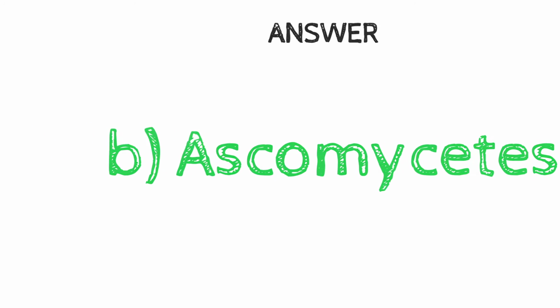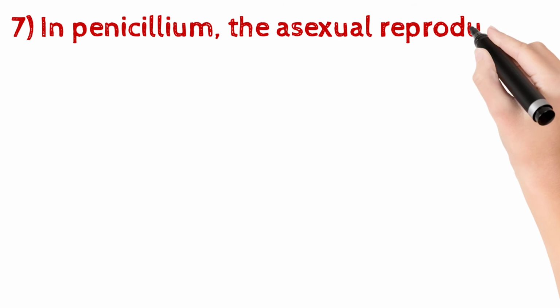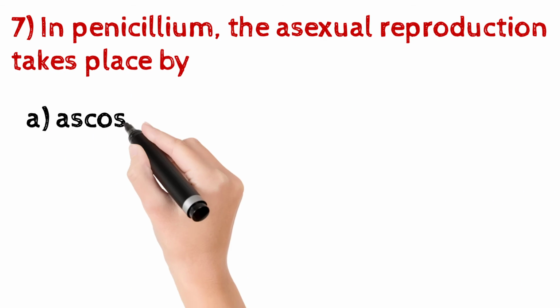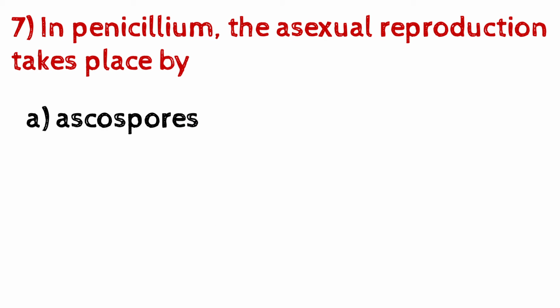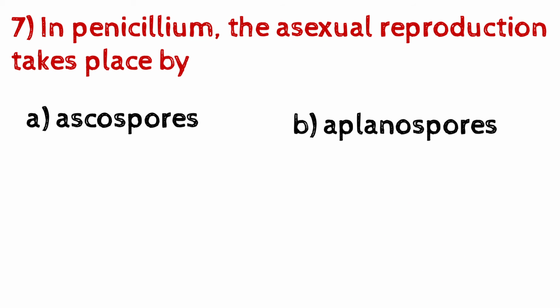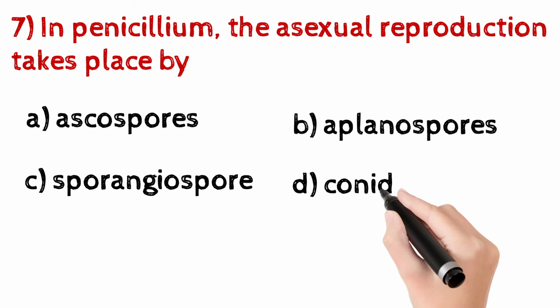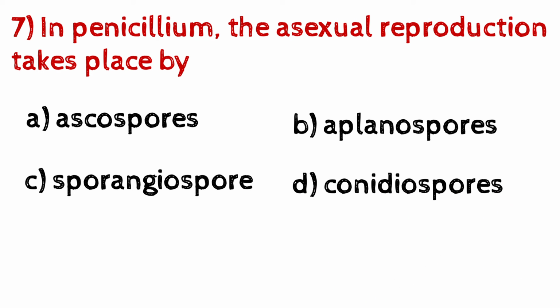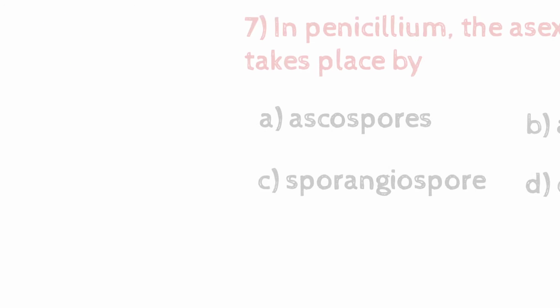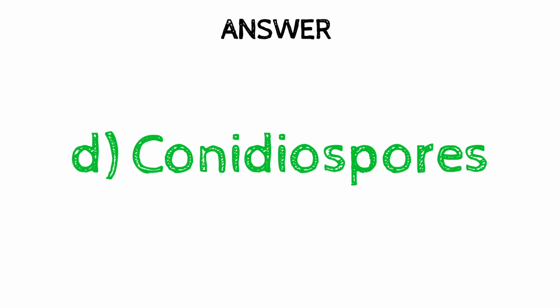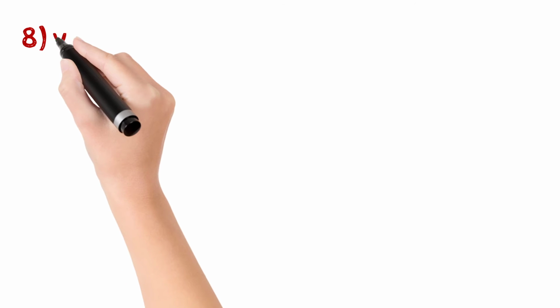Question number 7. In penicillium, the asexual reproduction takes place by: A, ascospores, B, aplanospores, C, sporangiospore, D, conidiospore. And the answer is D, conidiospores. Question number 8.